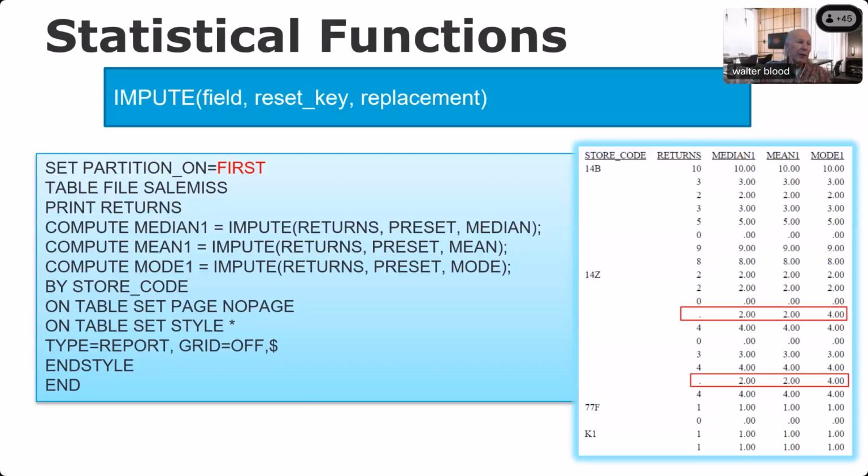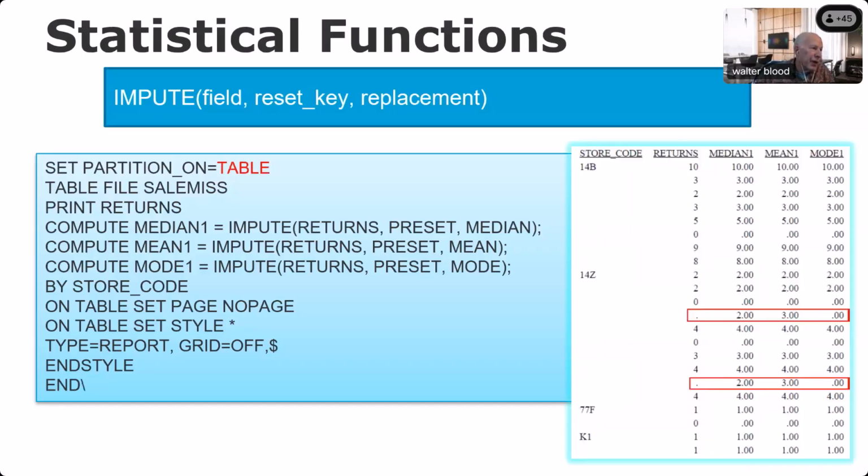But I want to keep them because there's another data value that I need to hold on to. So this is the way you do it using impute. Now I can set it at table, in which case things are a little different. I set it at table, and I end up with a different data value.